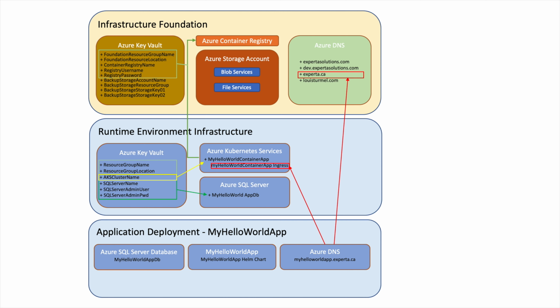This means that for a certain amount of time, I will simply keep my old AKS cluster alive until there's no more traffic on it, and then I can kill it and just let my new cluster live. So that's it.